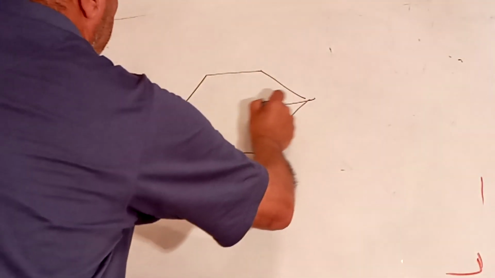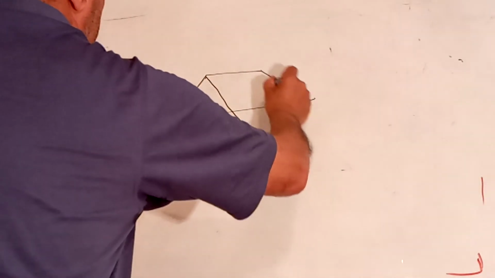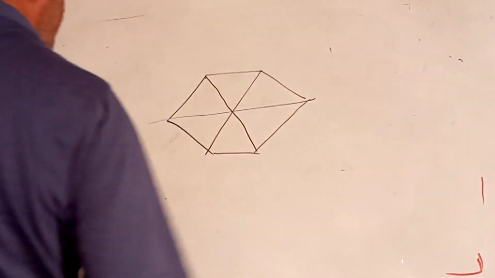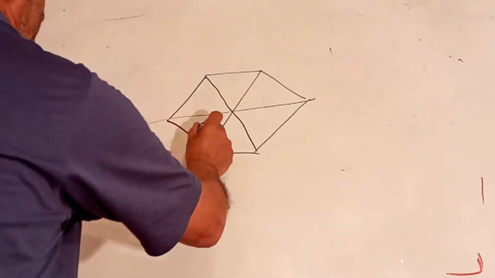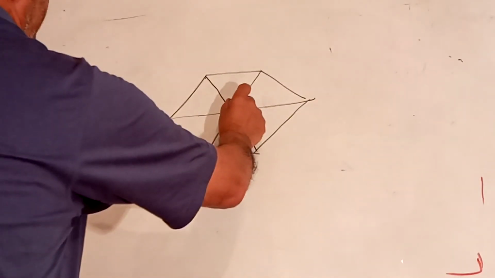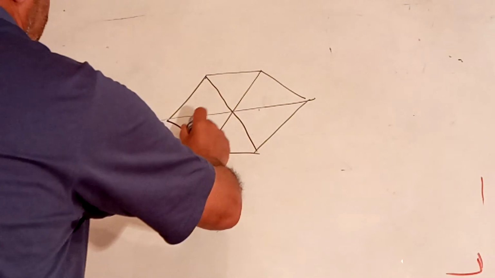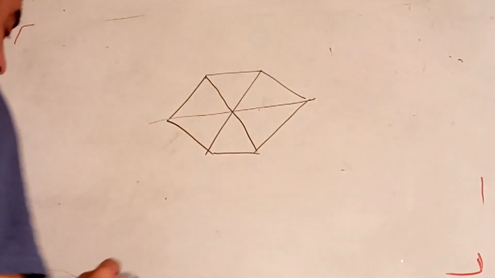Again, if we go like that, and like that, and like that, all sides are connected now. How many lines do we have? 1, 2, 3, 4, 5. This is 1. This is 2, 3, 4, 5.